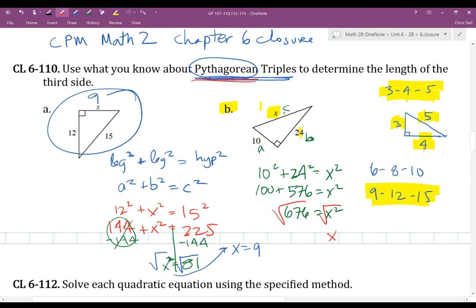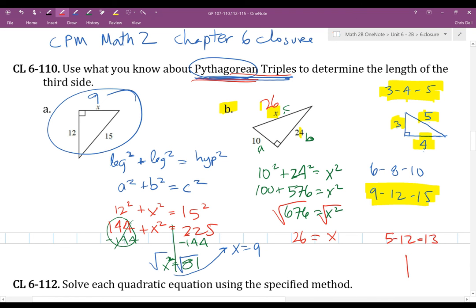The square root of 676 is equal to 26. So that tells me this side length is 26. I'm going to show you one of the other common Pythagorean triples, a 5, 12, 13.